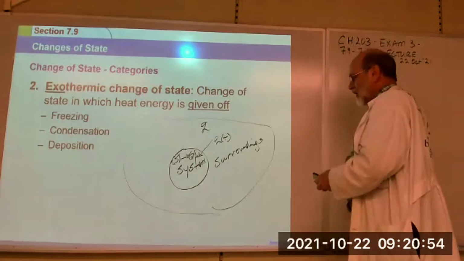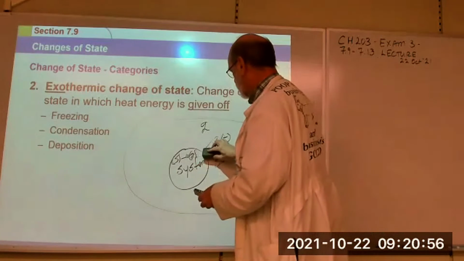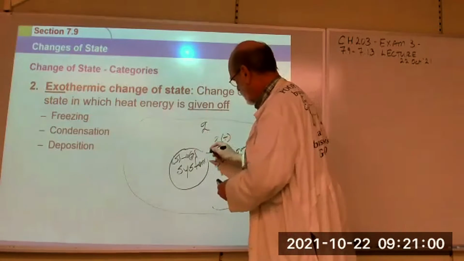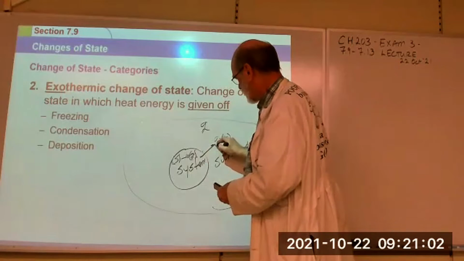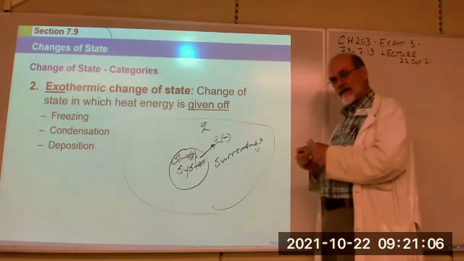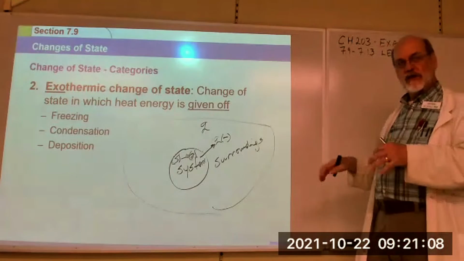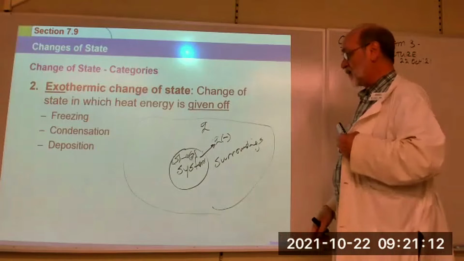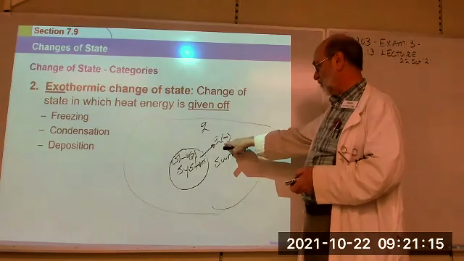Okay, so an exothermic process would be heat moving out of the system, and then the sign would be negative. Everything's relative to the system. Loses heat, it's a negative operator.